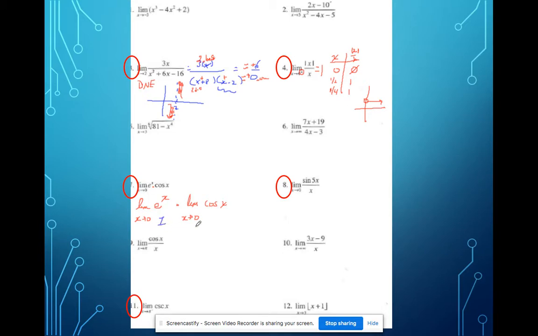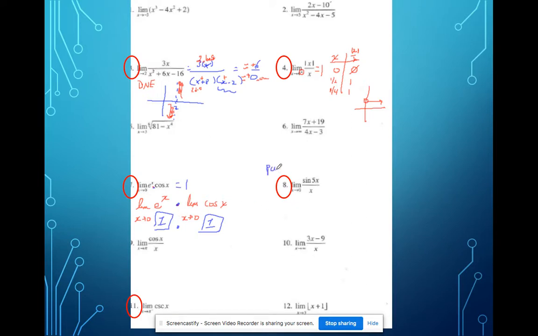So that limit is 1. And the limit of cosine of 0 is also 1. So the limit of e to the x as x approaches 0 is 1. The limit of cosine x as x approaches 0 is 1. The limit of the product is the product of the separate limits, and 1 times 1 is 1.